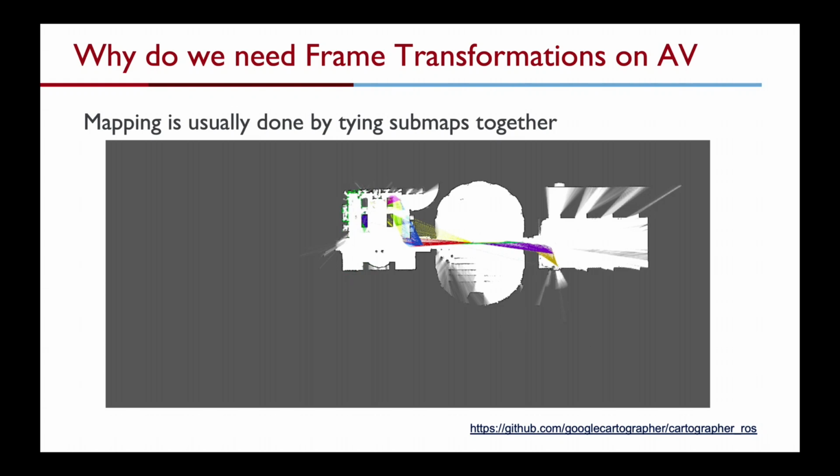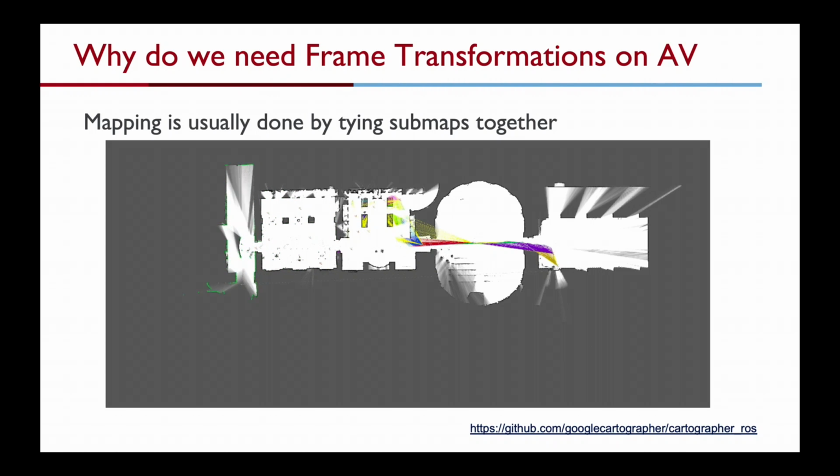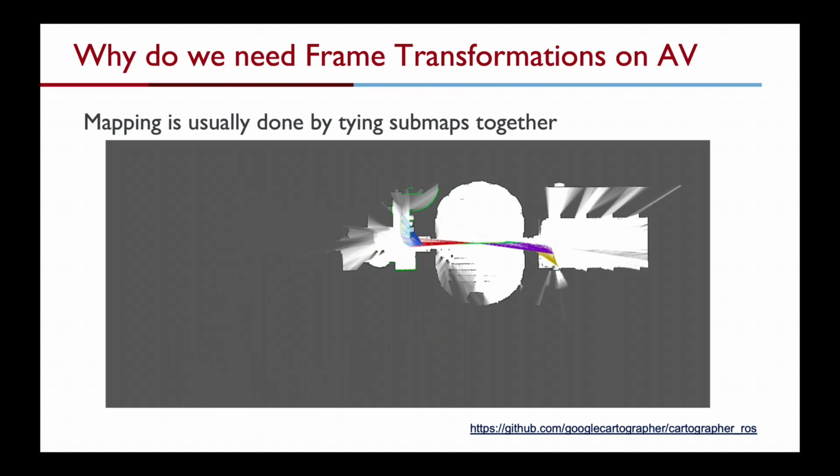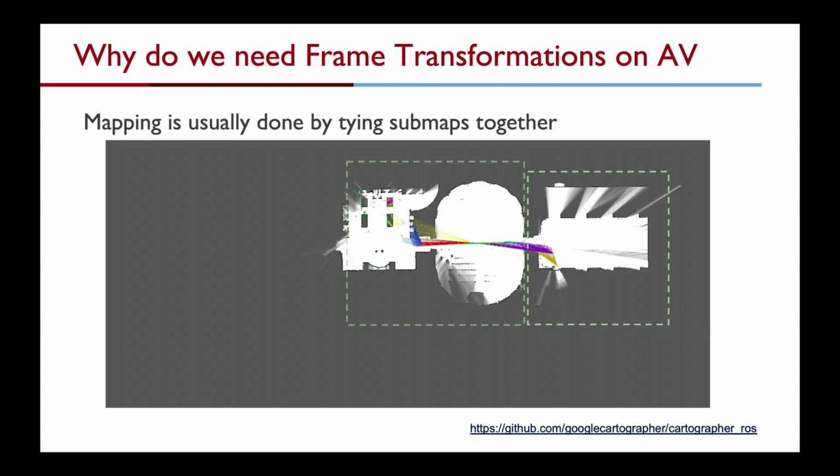Another reason why you may need frame transformations is that when you map a large area, for example, a city or a large track, you may not actually build the entire map in one shot. You see here the output of a SLAM algorithm called Cartographer, but the map is getting built by stitching together different maps which were built maybe at different times.